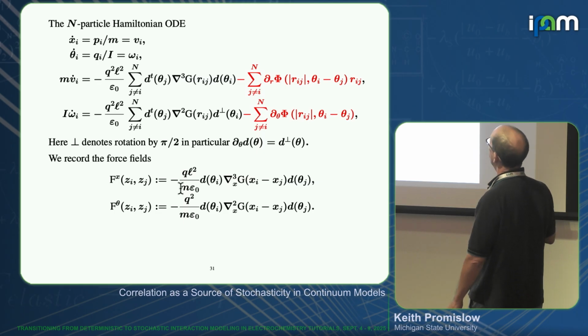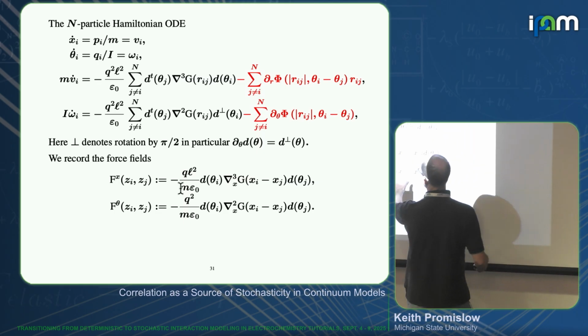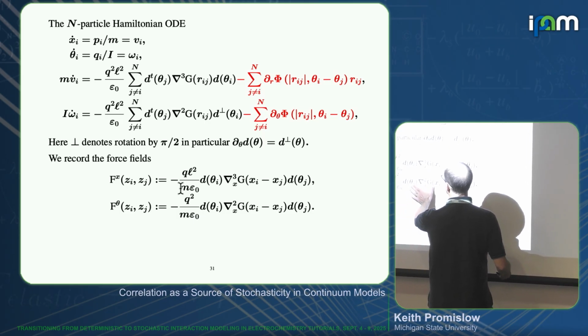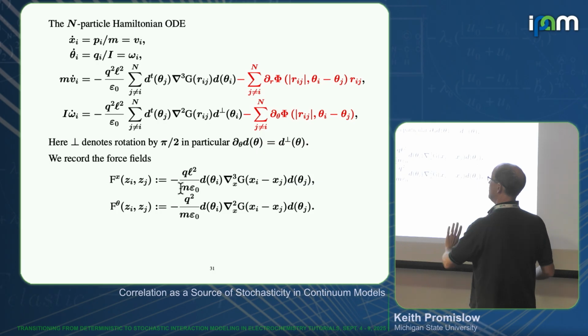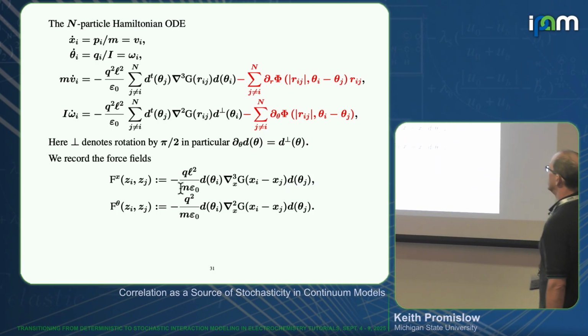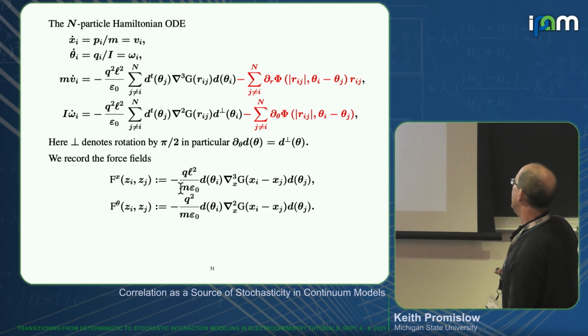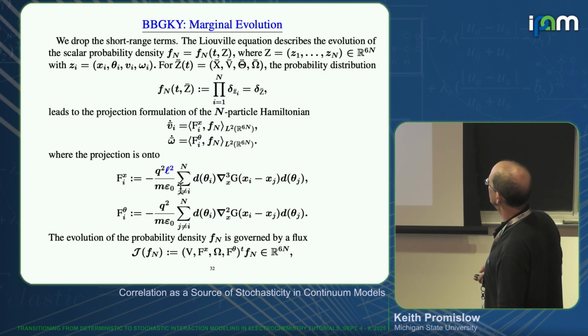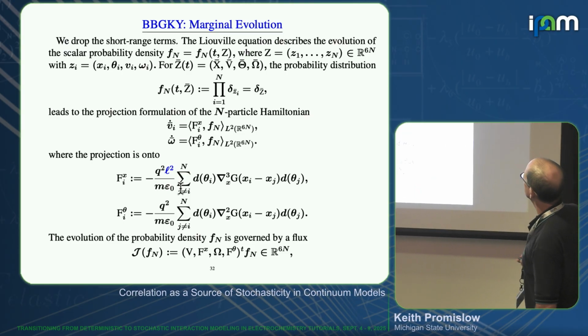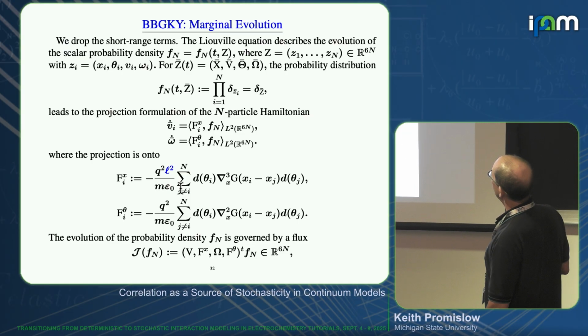So this guy looks slow, and this is fast, basically, if I scale out the masses. This guy's getting pushed strongly, this guy's not. So if I'm going to go to equilibrium, this guy's going to get there way before. So really, it's a fast, slow system. Quasi-adiabatic, if you want to think of it that way. But of course, it's Hamiltonian, so it's not going to relax in quite the same way as a damped system.